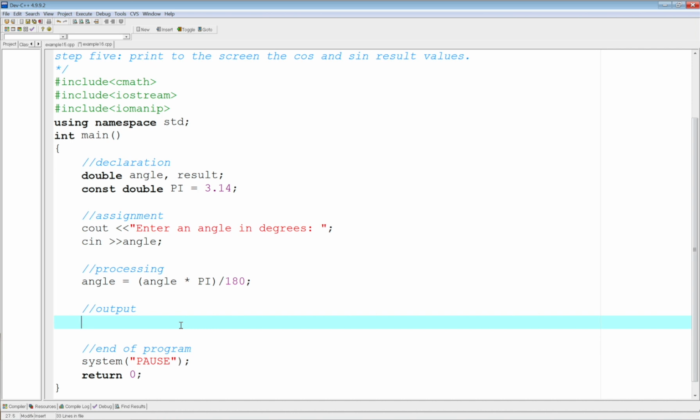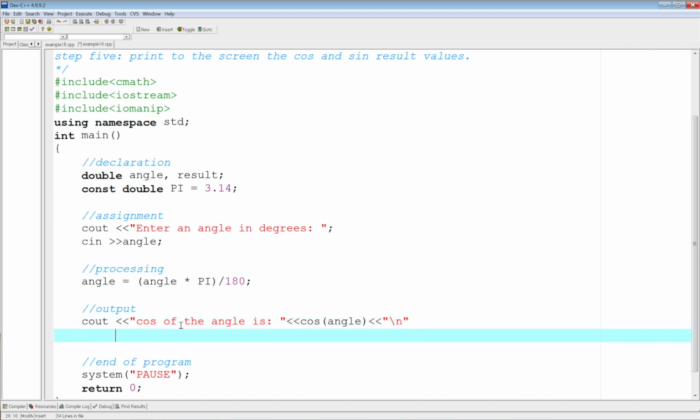You could do cout, cosine of the angle is, and then basically write the equation for cosine right here, cosine, and then supply the angle. So you could do the math right here, right? That's you call the function cosine that actually exists in cmath right here in the print section. And then give me a new line, \n.